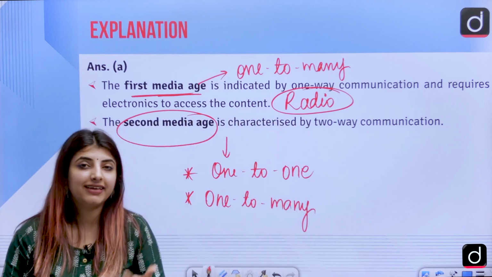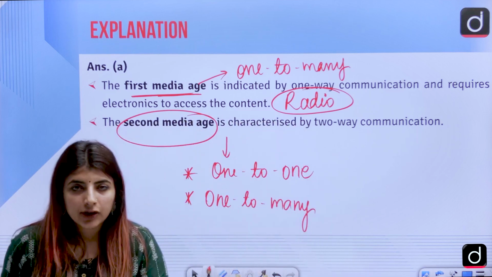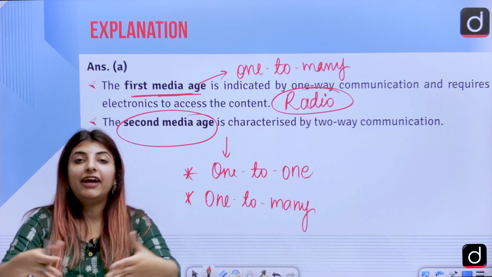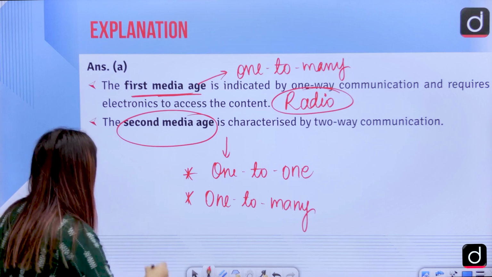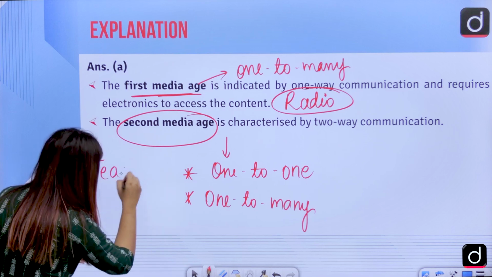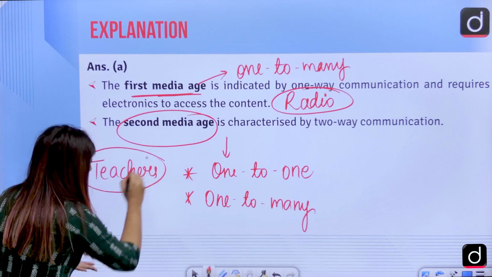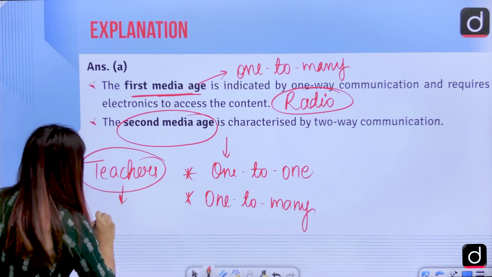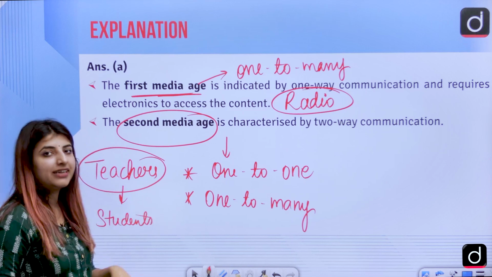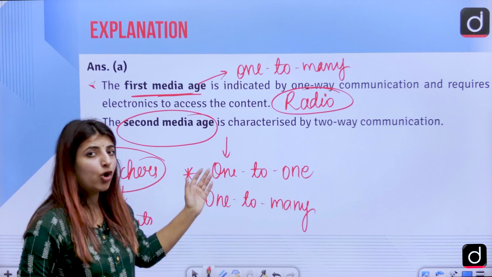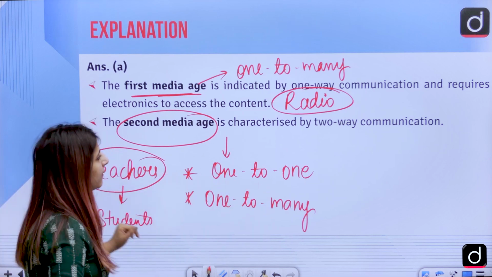As I gave you the example of Zoom meeting. So the manager is there and talking to the people. So basically, if we talk about teachers taking classes through the Zoom meeting with her students, that is the arrival of second media age, or one-to-one can also be there, right?